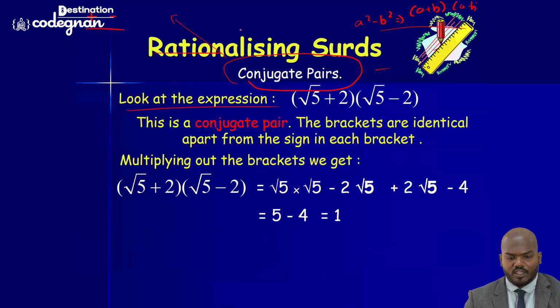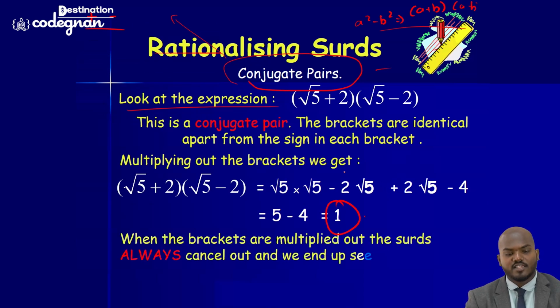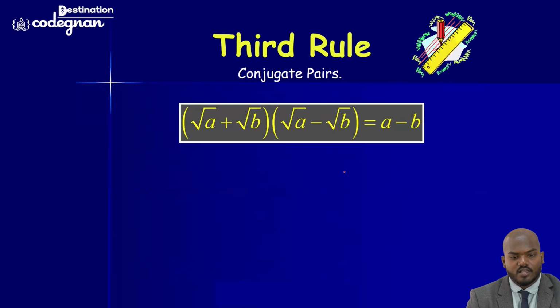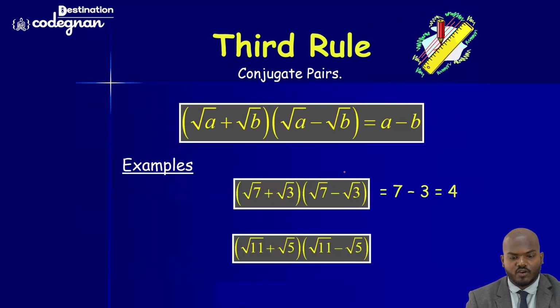If you do this one, we can get directly 5 minus 4, that is 1. Okay, so when the brackets are multiplied into the surds, always try to cancel out. That's why we are making the conjugates here. So this is also one of the very major methods you can use. You see this one, this is a very good example with respect to conjugates.